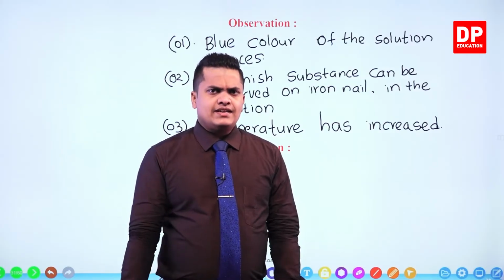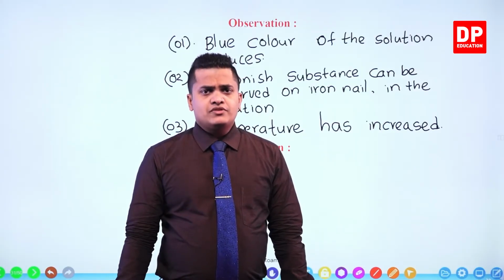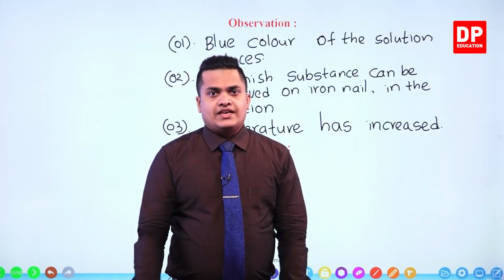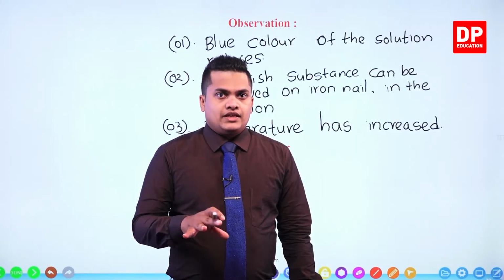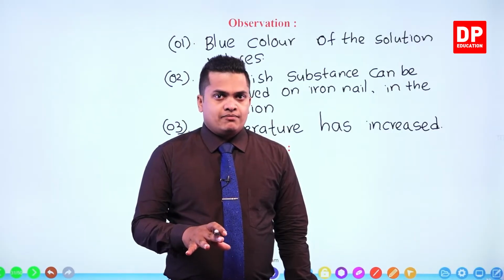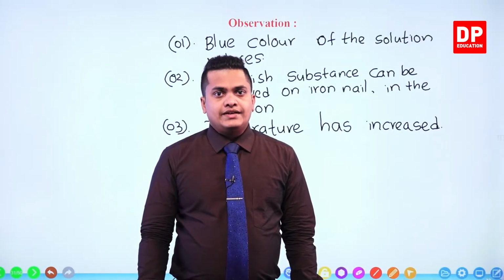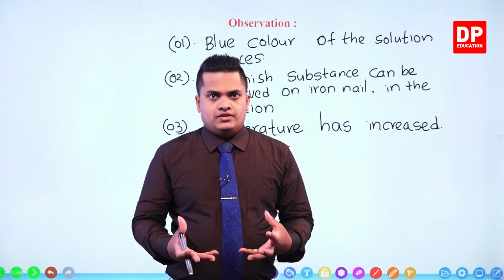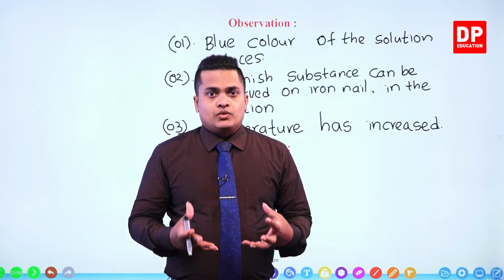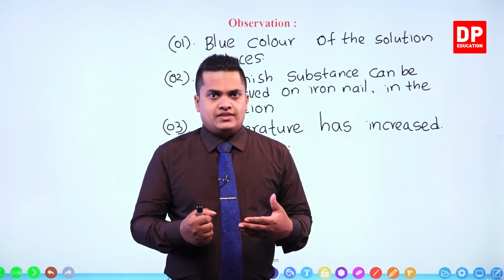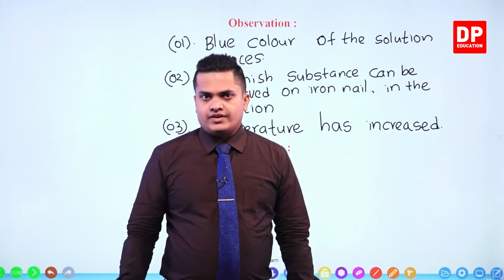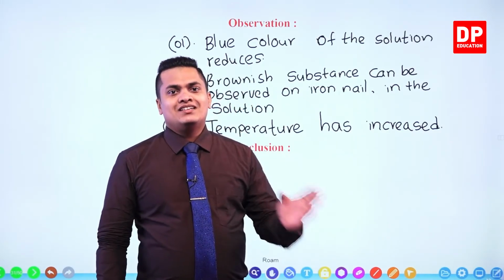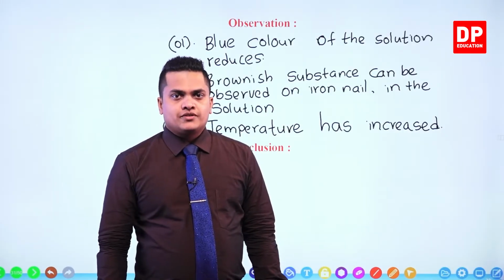If the original color is somewhat blue, then the color will diminish, or some different color will occur, right? So if there is a color change within the system, new substances have been created. If new substances have been created, then it is a chemical change.